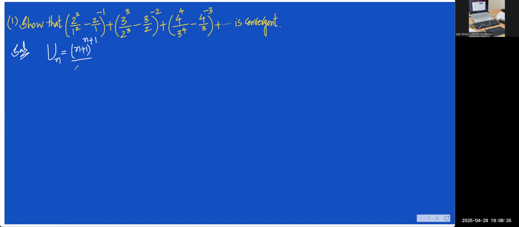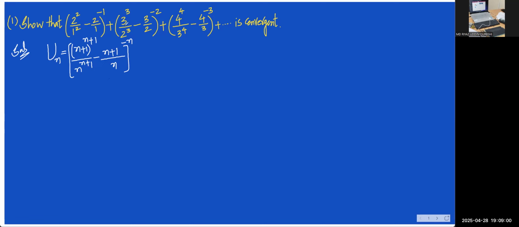1 means n, 2 means n plus 1, minus n, 2 means again n plus 1, divided by 1 means n, whole to the power of 1, 2, 3 with a negative sign means minus n. Put here n is equal to 1. Are you getting the first term? Yes, 1 plus 1, 2 plus, yes, we are getting.